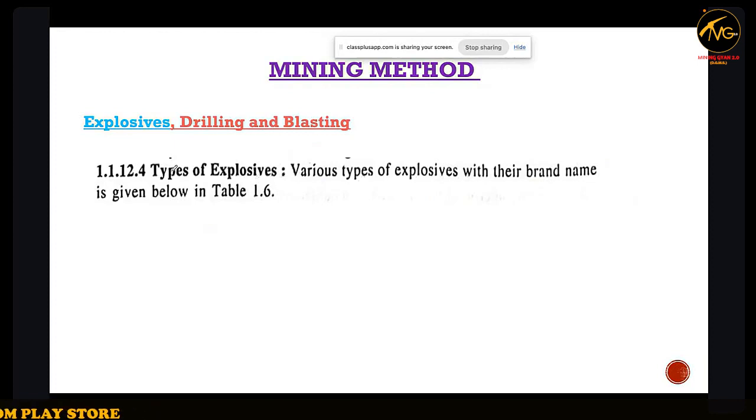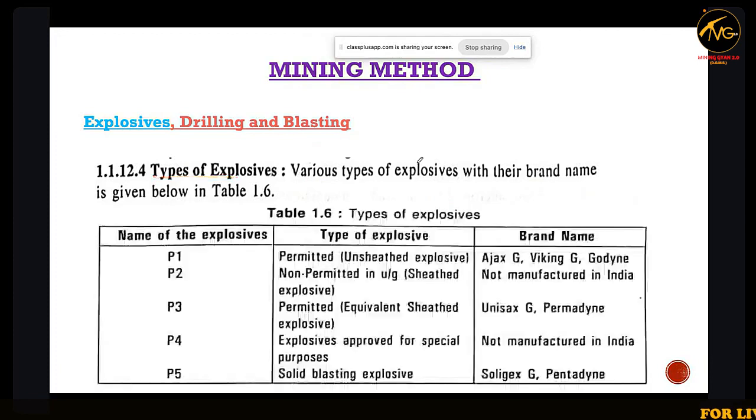Now come to types of explosive. There are various types of explosive. These are the types. So here we should know a few things. Okay. If you can remember this, you can.